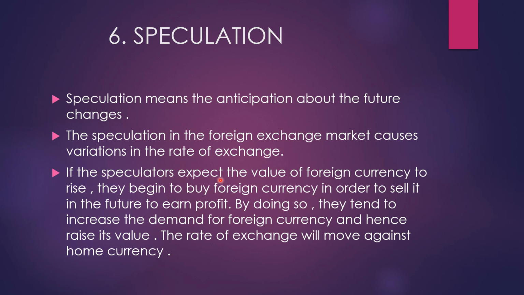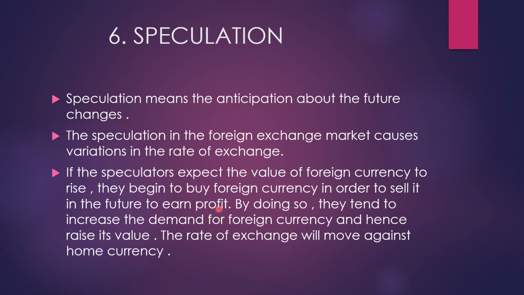See, if the speculators expect that the value of foreign currency is going to rise, if their predictive power is telling them that the dollar is going to rise and the rupee is going to fall, what will they do? They begin to buy foreign currency in order to sell it in the future to earn profit, because their anticipation is telling them that in the forthcoming months, in the near future, the value of the dollar is going to rise and the rupee is going to be depreciated.